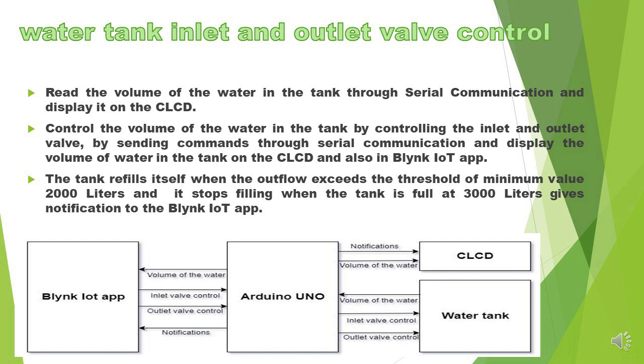The tank refills itself when the outflow exceeds the threshold of minimum value 2000 liters and it stops filling when the tank is full at 3000 liters. Gives notification to the Blynk IoT app.